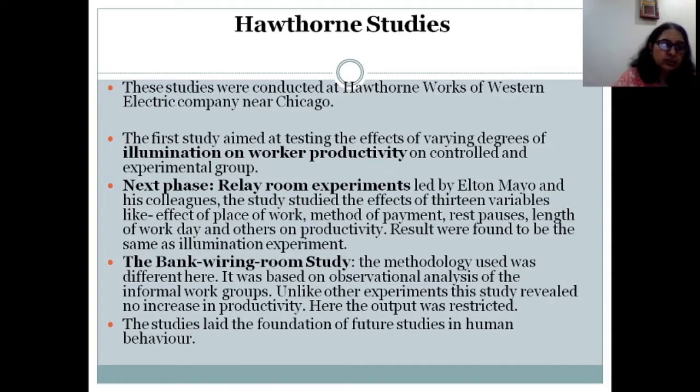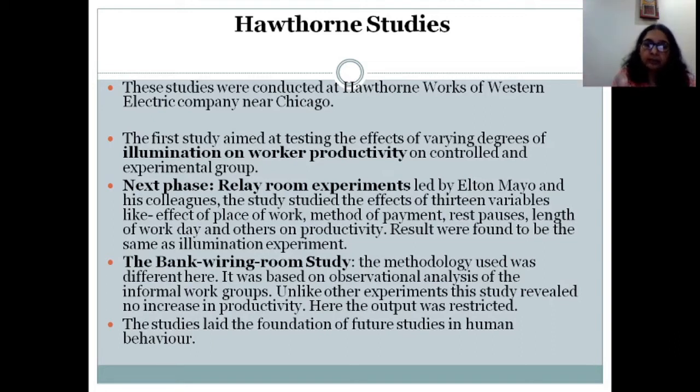The first experiment is called the illumination study. These Hawthorne experiments were started in 1924. This initial illumination study attempted to examine the relationship between light intensity on the shop floor of manual work sites and employee productivity.